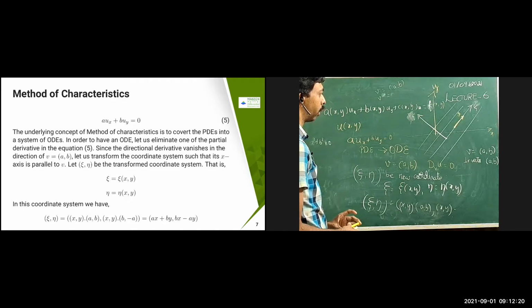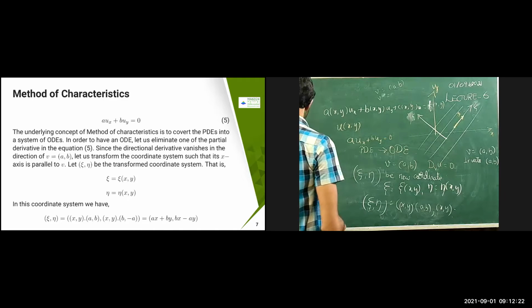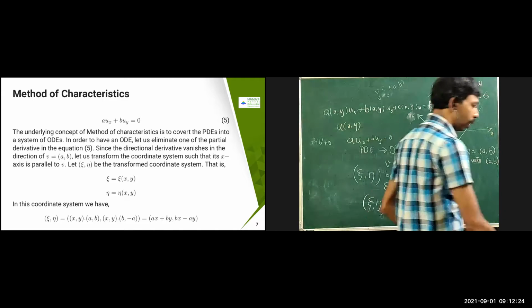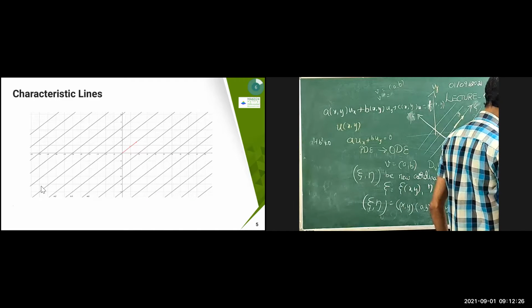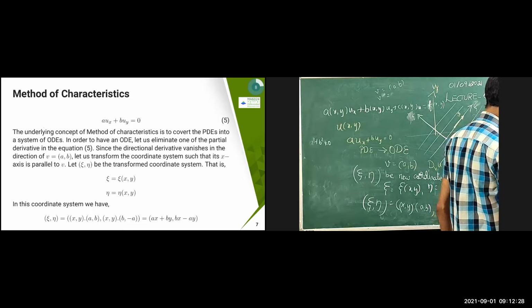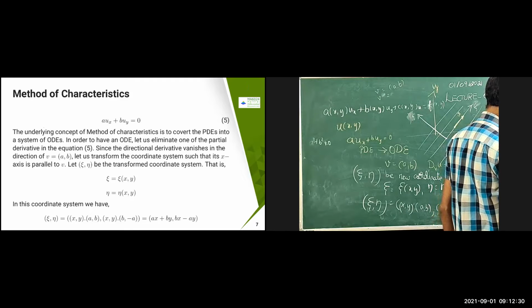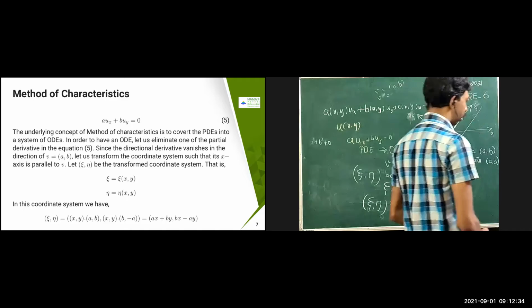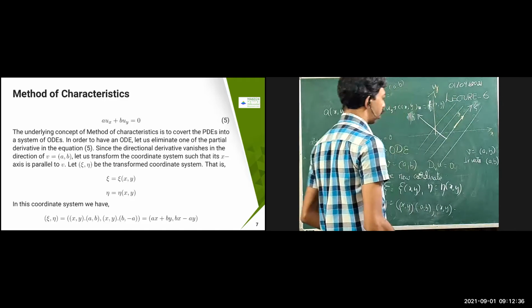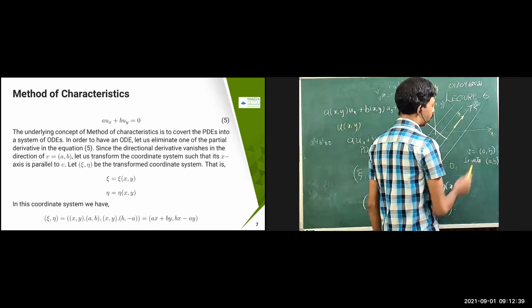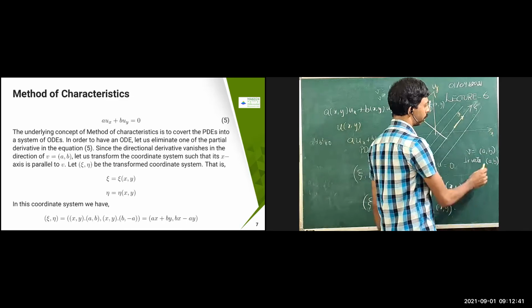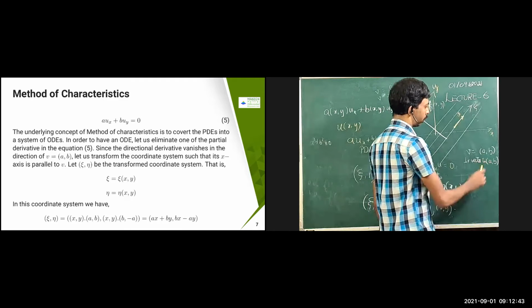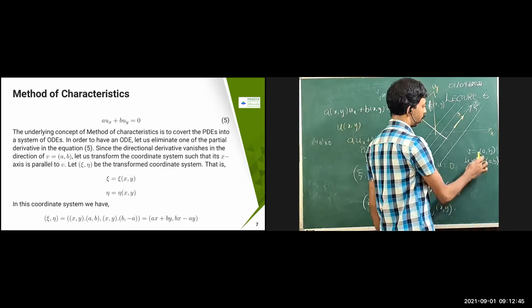Anyone? How do you find it? Okay, I'll pick up someone if no one is answering. Dasna? What is the perpendicular vector to a comma b? How do you find it?